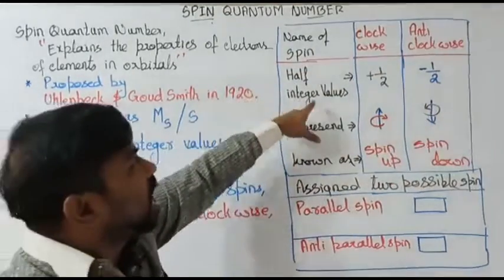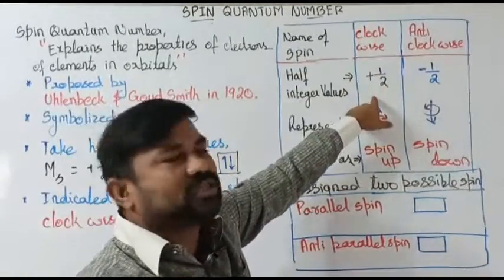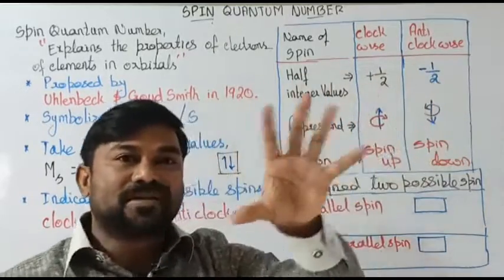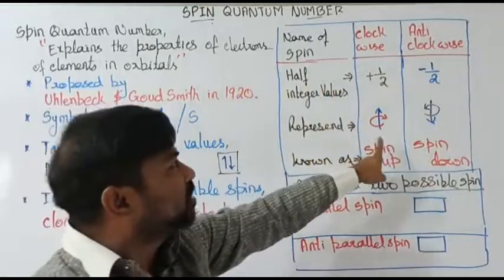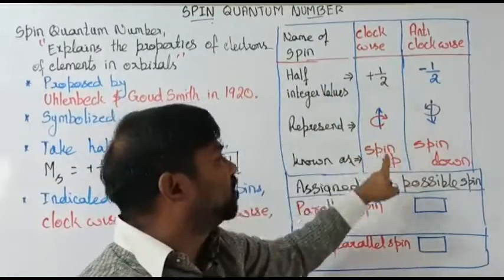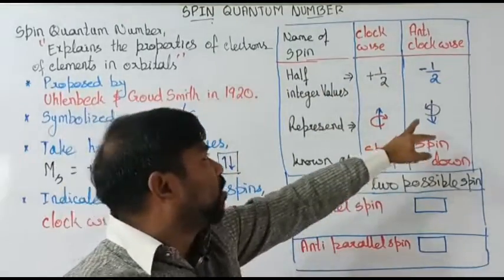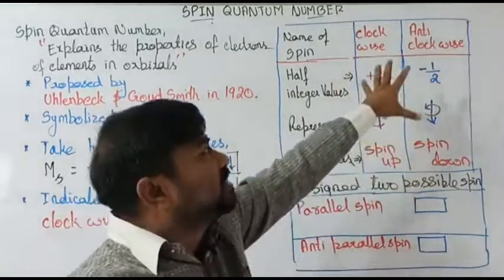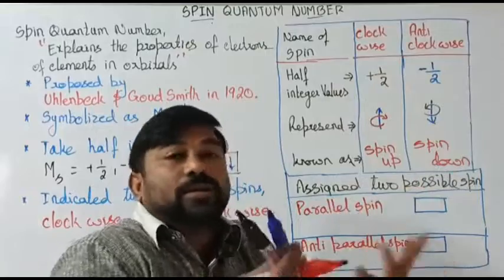If you check, for the half integral values, the clockwise direction is given positive plus half, and the anti-clockwise direction is given minus half. Now for the representation, the arrow mark is pointed upwards, that's why we call it spin up. Now the second electron, the other one, we can take it as the second. It depends.